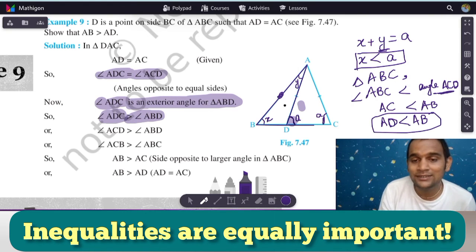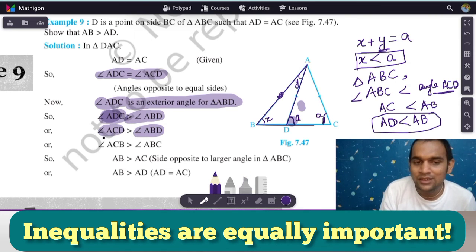Now since ADC is equal to ACD, can I write ACD is greater than ABD? Just instead of ADC I wrote ACD. Now I am trying to just change the name of that. Instead of ACD, I wrote it as ACB. Can I write that? Absolutely. Why am I doing that? Because I'm taking the triangle ABC, because we have to show the relation in this triangle.